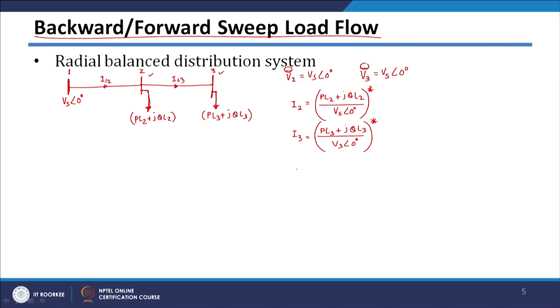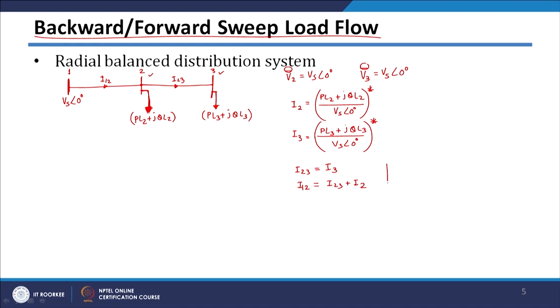So, current I23 will be equal to just the load current at bus 3 which is I3, and then current I12 will be equal to I23 plus the load current flowing at bus number 2 which we have calculated, I2, if you apply KCL at this point. So, I12 will be equal to I23 plus I2.